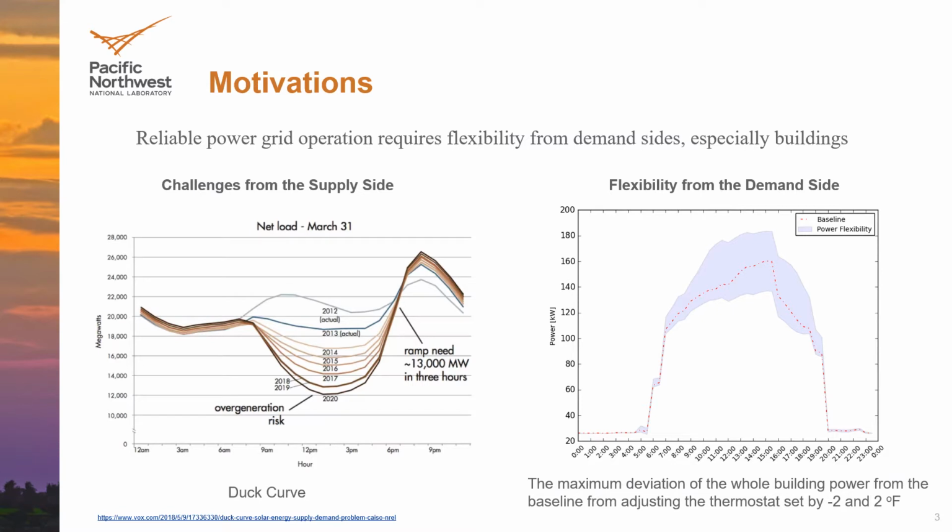So that means, given that buildings account for a significant portion of the power usage, it is possible to use the flexibility from the building side to smooth the demand curve, so that we can reduce the challenges in operating the power grid.